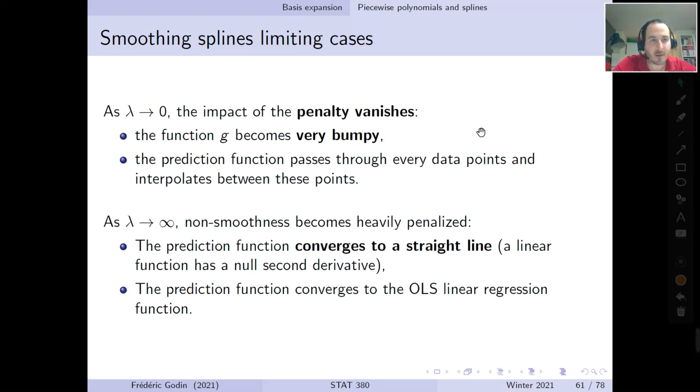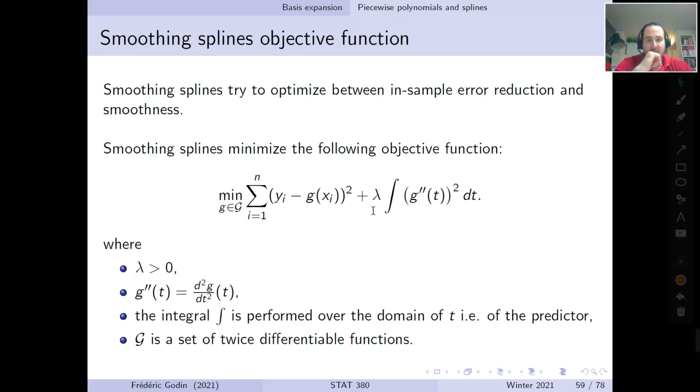But what are the limiting cases? As lambda shrinks to 0, the penalty term completely vanishes. So let's go back to slides. If lambda is 0, this term vanishes, and the objective function simply becomes minimizing the squared prediction errors in your training set.